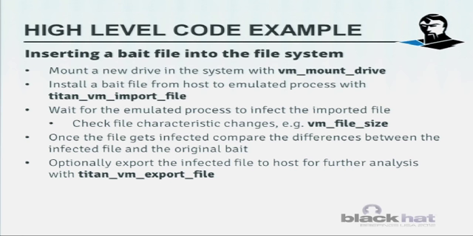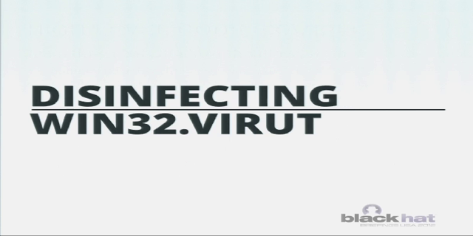I can check if the file has been infected by timestamps, by file sizes, anything you would normally do. And you can also check if the file handles have been closed, so you can actually read it. So once you do that and you have infected the file, you can do basically a diff between those two files and see what has changed. If you're happy with the results, you can just copy that file directly from the virtual system directly to the host system as well.